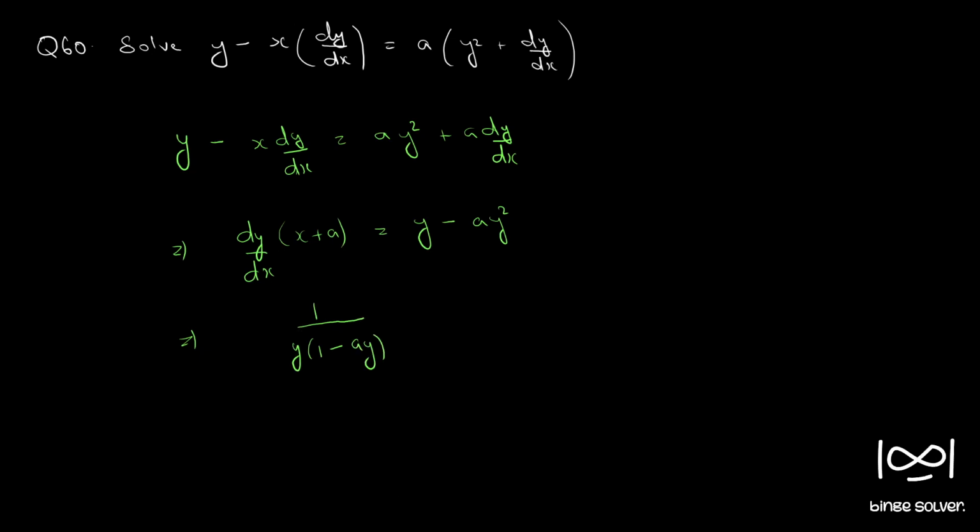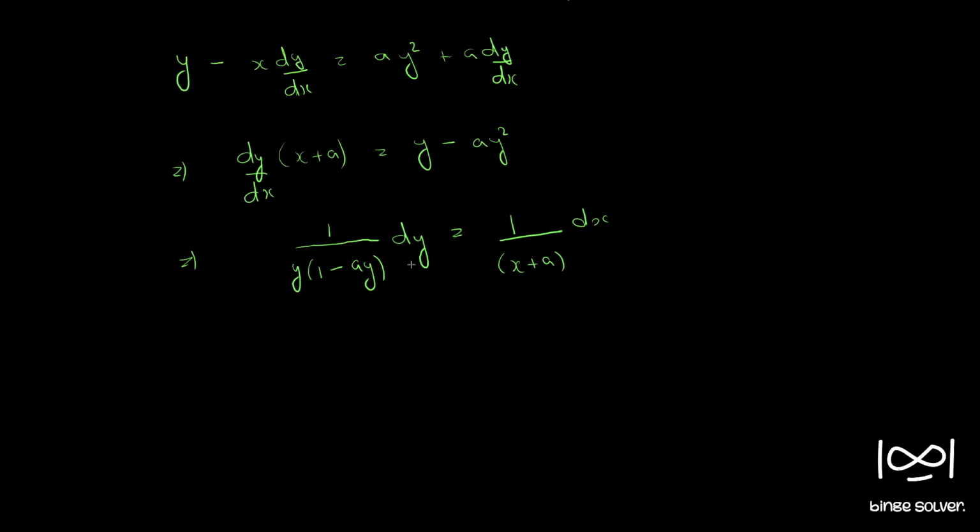So let me just write it properly. 1 by y into 1 minus ay dy is equal to 1 by x plus a dx. So we have grouped the terms.